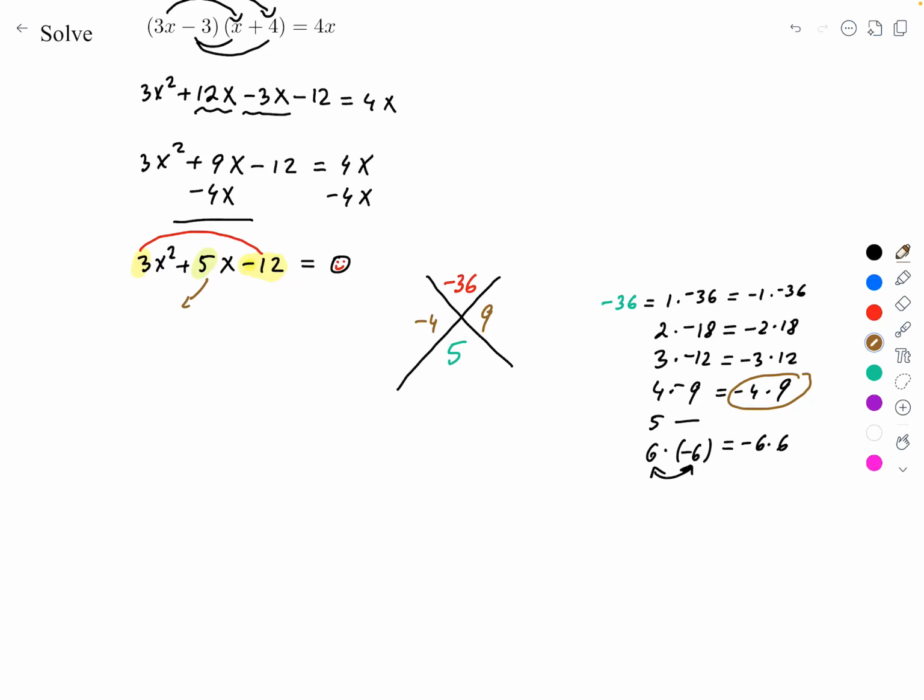So I will use these two, negative 4x plus 9x, to break the 5x into, and then copy the 3x squared and the negative 12, equal to 0. Next, we will factor out x from the first two, and then factor out 3 from the last two.